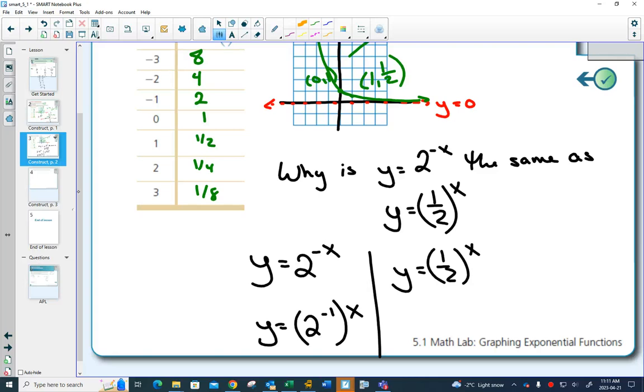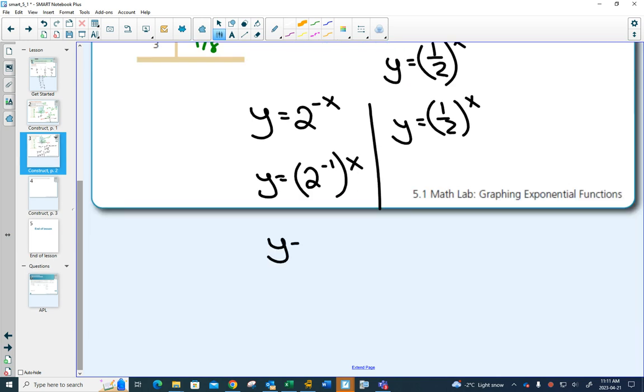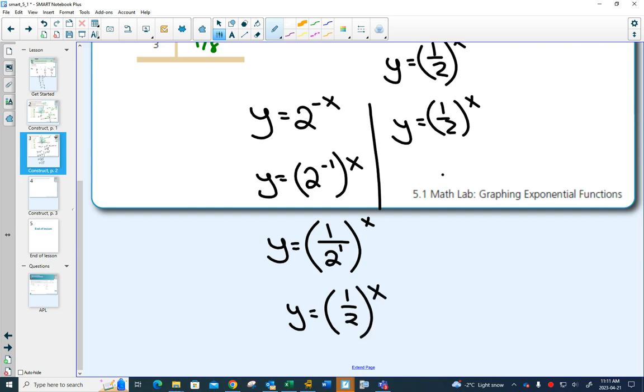Then if I have that 2 to the negative 1, that's my negative exponent rule, I could write that as 1 over 2 to the positive 1. I really made this like a proof, but I'm just showing that those two are the same. So if you wanted to graph 1/2 to the x, it's the same as taking your 2 to the x graph and causing a horizontal reflection.